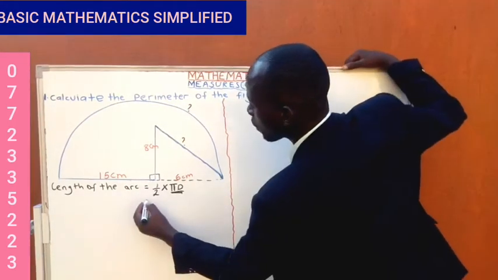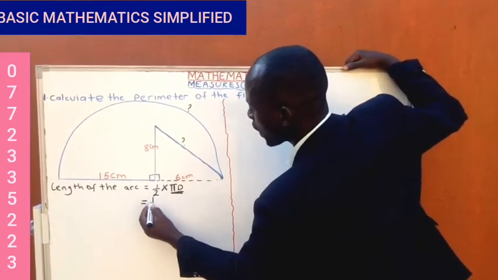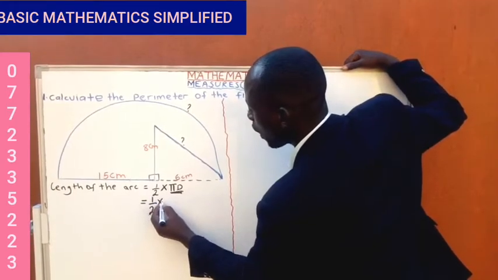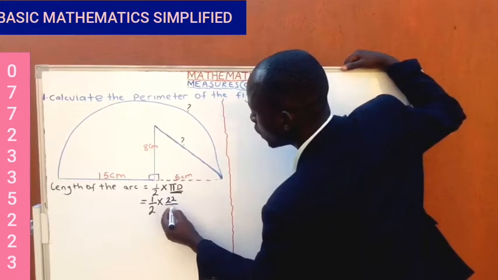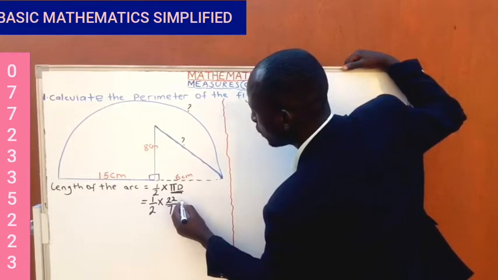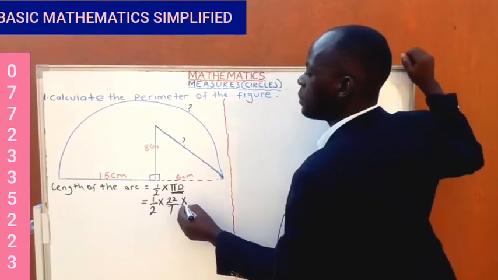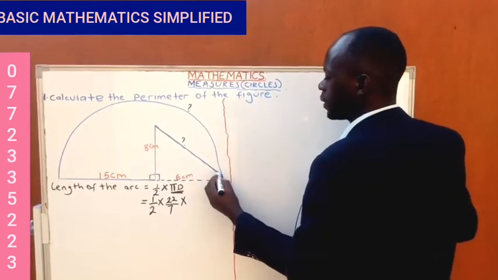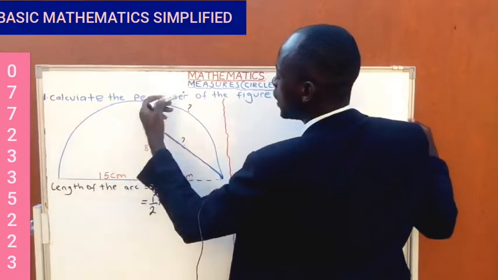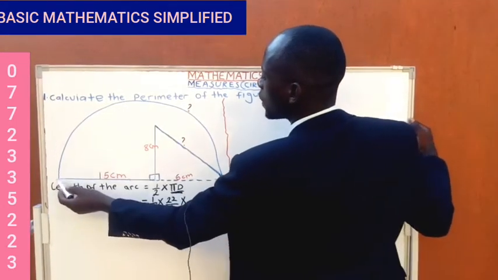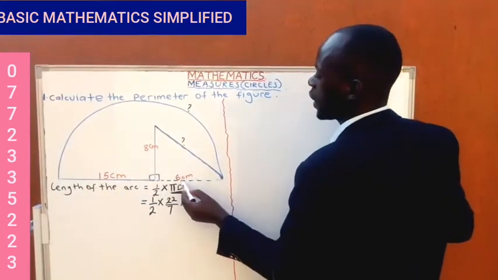Now from there, the length of the arc is a half. The pi that we are going to use is 22 over 7, then multiply by the diameter. The diameter of this semicircular object is running from here to there. That's where the 6 becomes important.